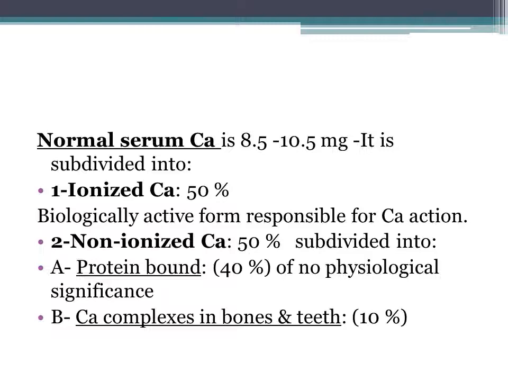Ionized calcium is the active form which is responsible for the calcium action, while non-ionized calcium is subdivided into protein bound, which is about 40%, and calcium in bones and teeth.